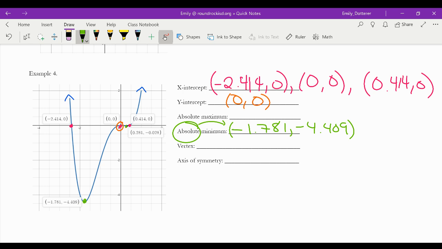We also have a local minimum. So we could have no minimum, we could have just an absolute or just a local, or we could have both. So it depends on the graph you're given.